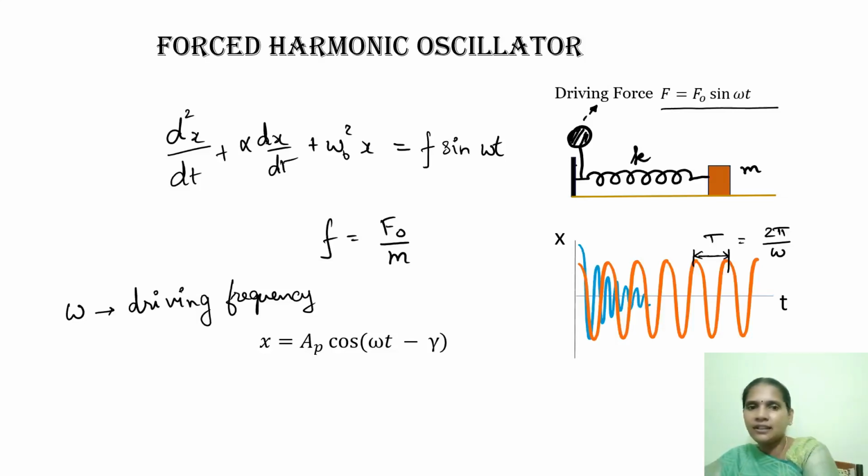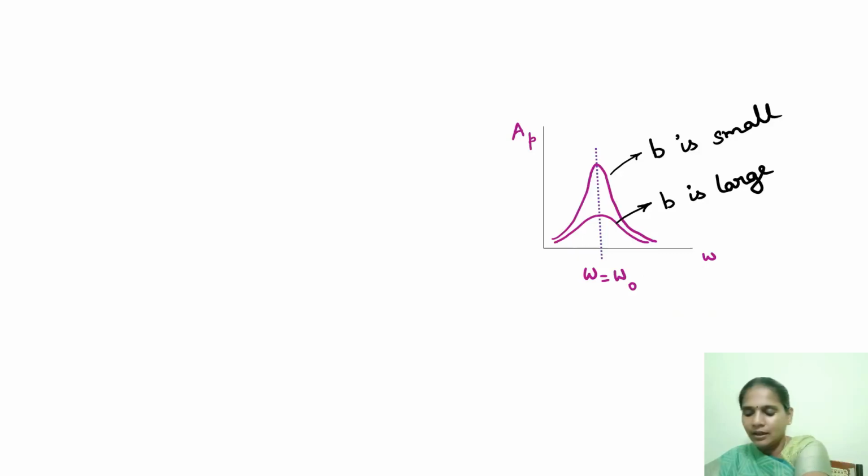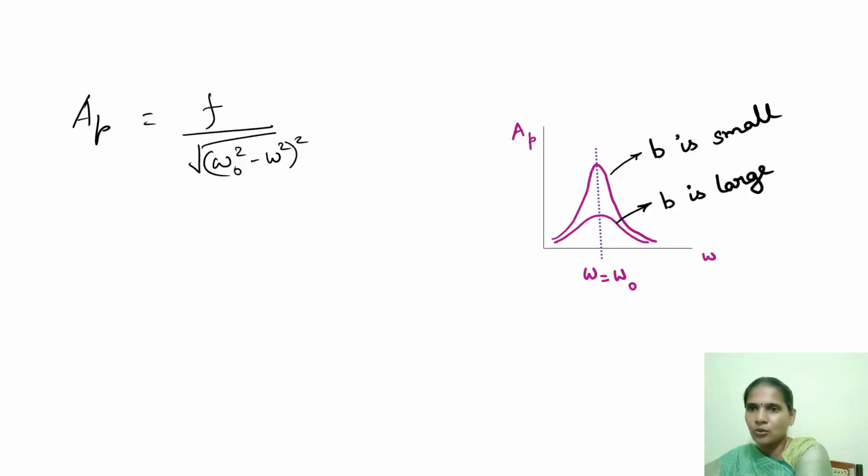A_p is given as f by root of (omega naught square minus omega square) the whole square plus alpha square omega square.